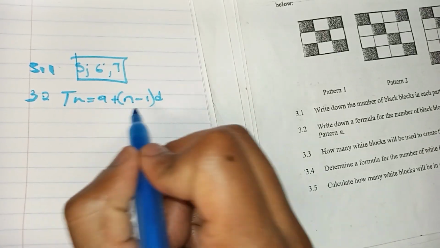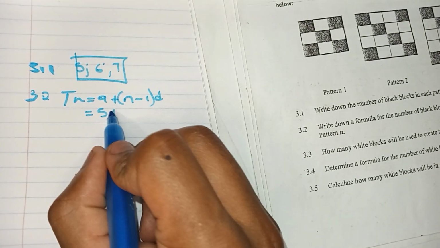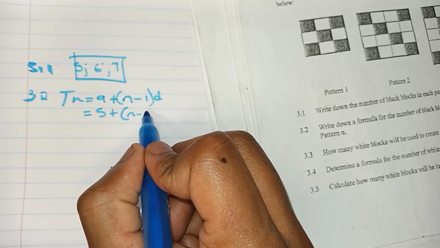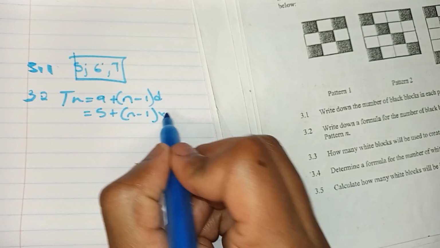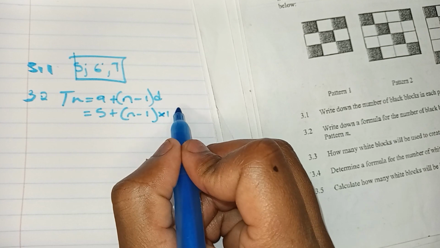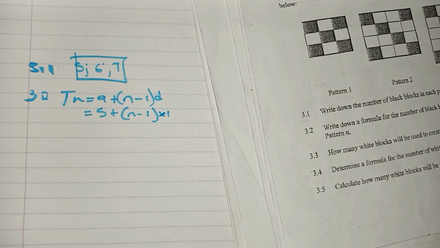So yeah, this is going to be the formula, but then I'm now gonna say 5 plus n minus 1, and then the difference is 1, so I'm gonna say multiplied by 1. So yeah, this is how it should be, right? So that's my formula and I'm done.